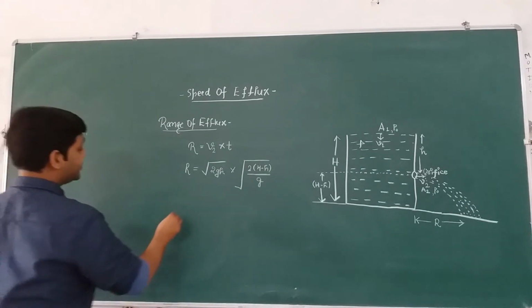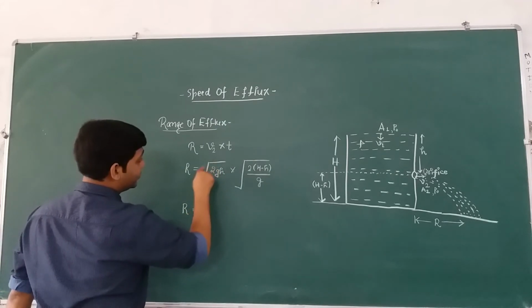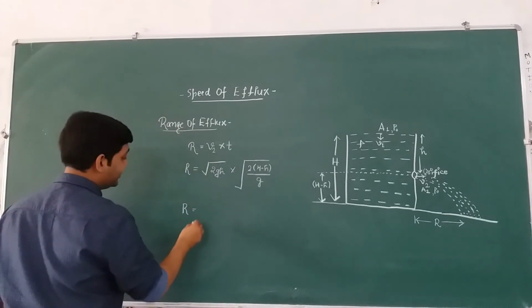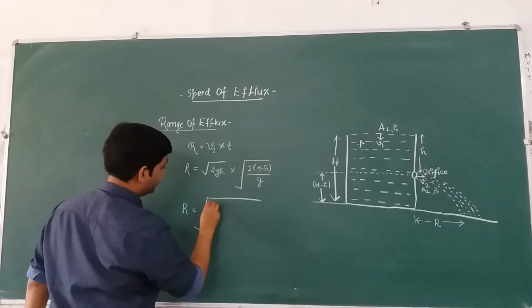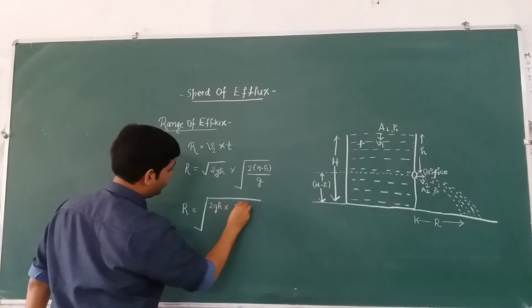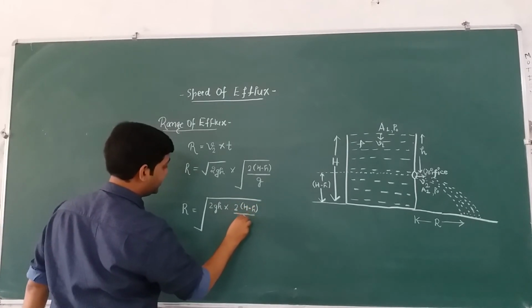And now if we solve it, we will have R is equal to, this root will become one overall, okay? So let us write it like this. It will become under root of 2gh multiplied by 2 into (H minus h) upon g.